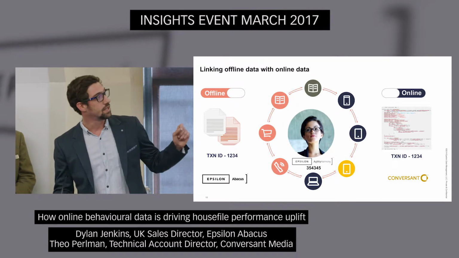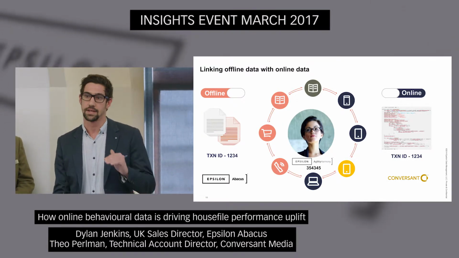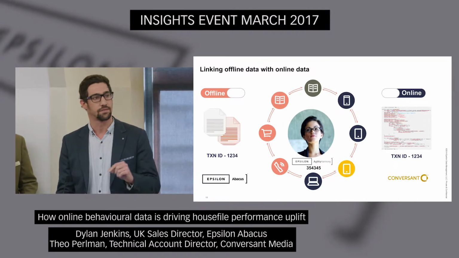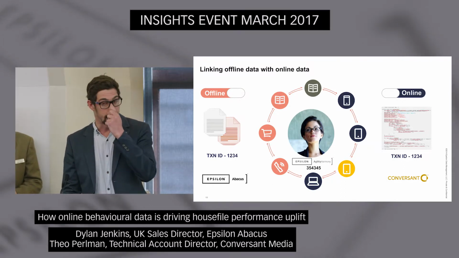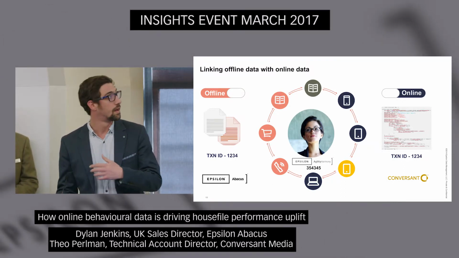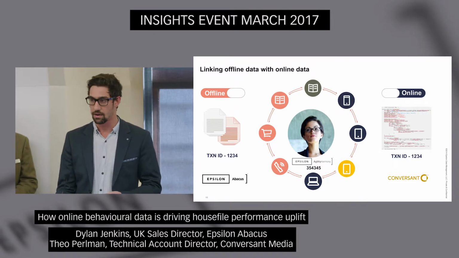So it's key to point out that the transaction ID is the match event at which we are able to link the two different data sets together. And that enables us to leverage the online data to help infer the models that we're running offline.